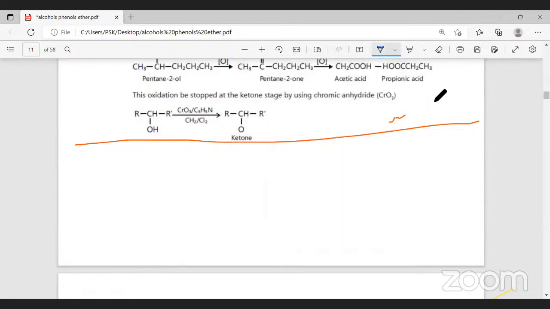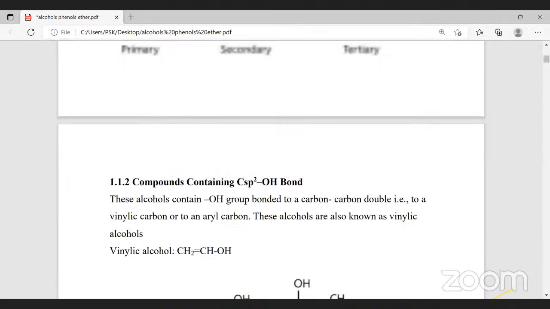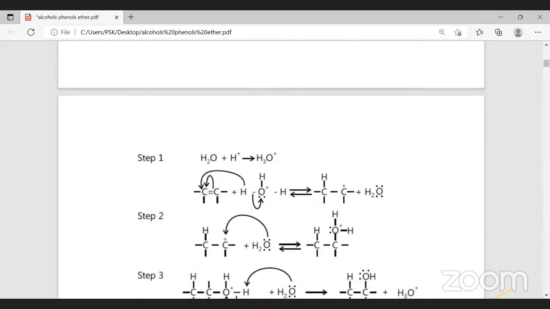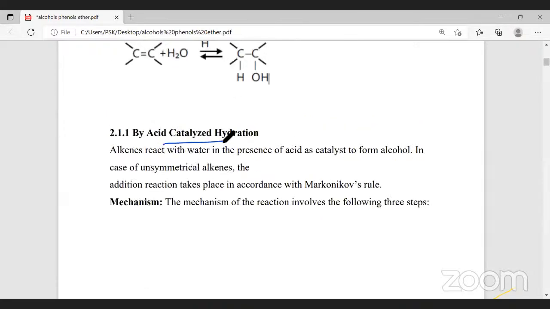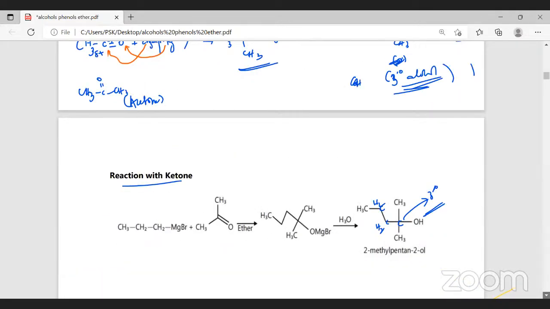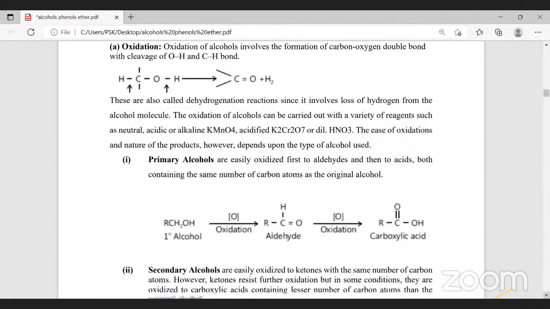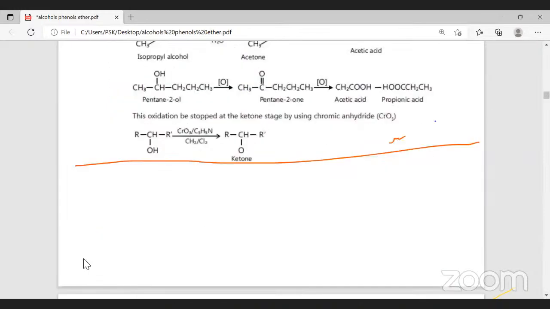One mechanism we learned in the beginning of the class: acid catalyzed hydration. Now, the reverse we have to learn. This is dehydration. What we are learning today is the reverse. Since I need place, I'll write here. This is the mechanism of dehydration, the opposite of that.